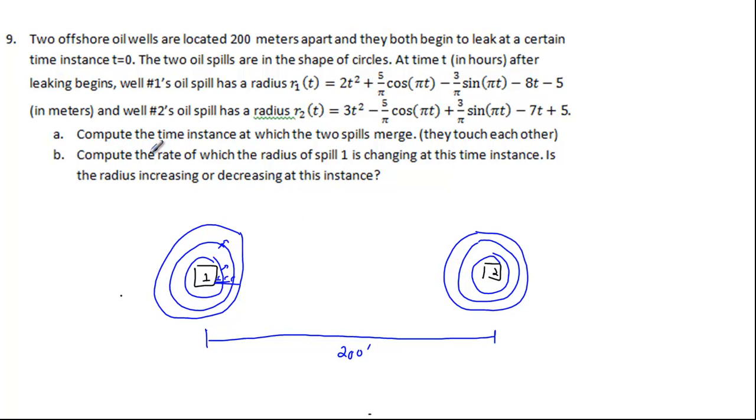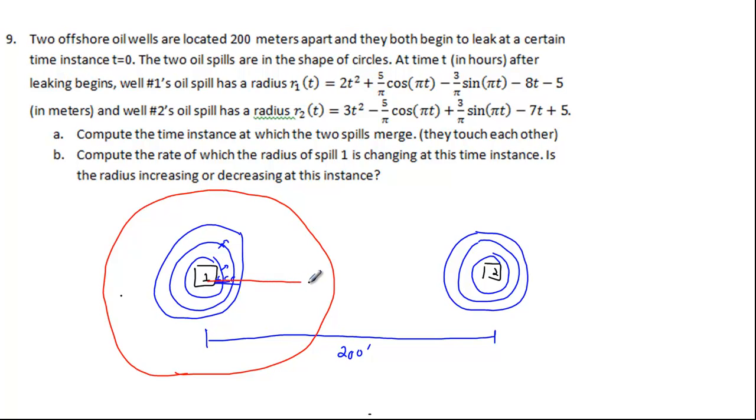The first portion says that we have to compute the time instance at which the two spills merge. The two spills merge, they touch each other. So I'm going to draw this oil spill in red. As this oil spill expands further and further, say it expands right about here. This value is equal to my R1.